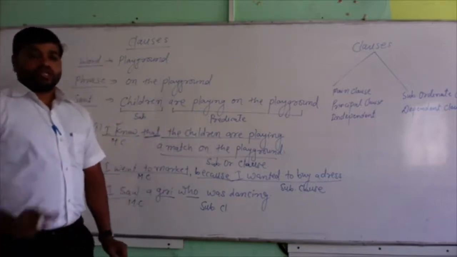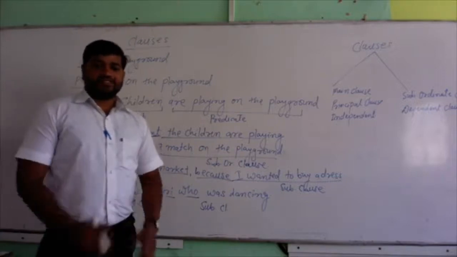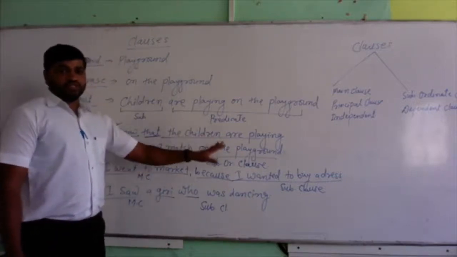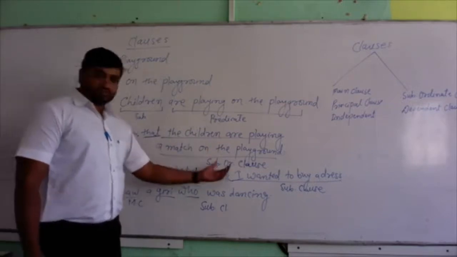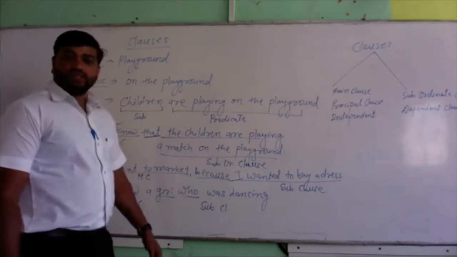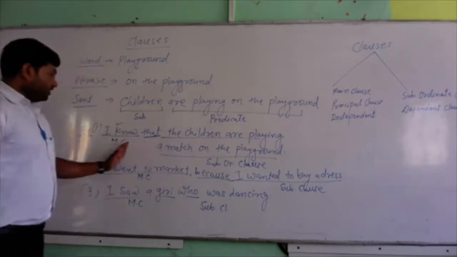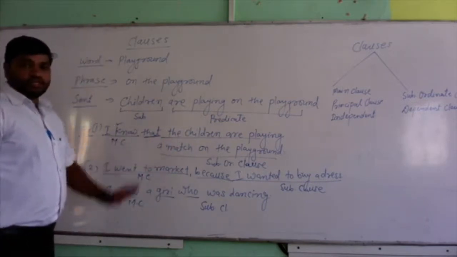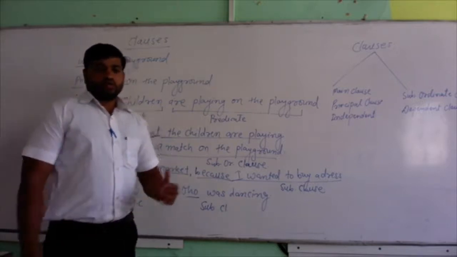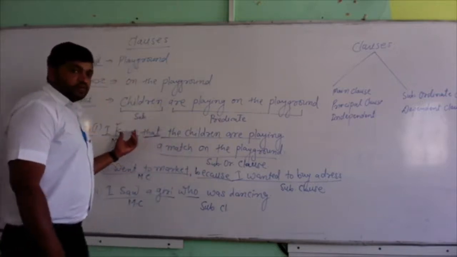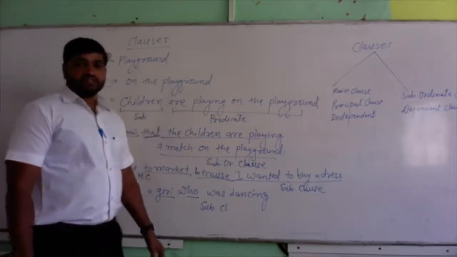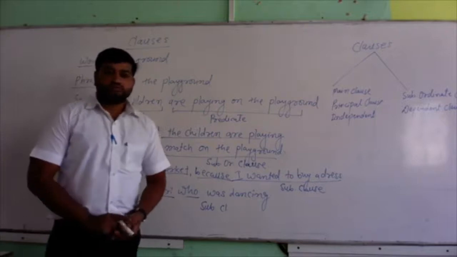The main clause is that part which completes its meaning itself, it does not depend on another part, and the subordinate clause depends on the main clause to complete its meaning. So hope student you understood which part of a complex sentence is the main clause and which part is the subordinate clause.